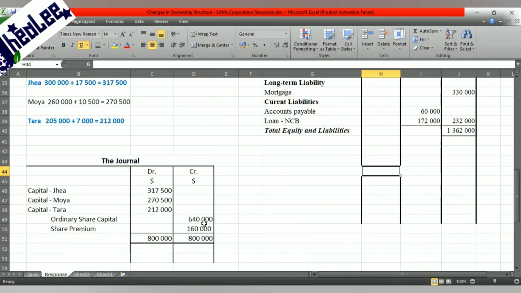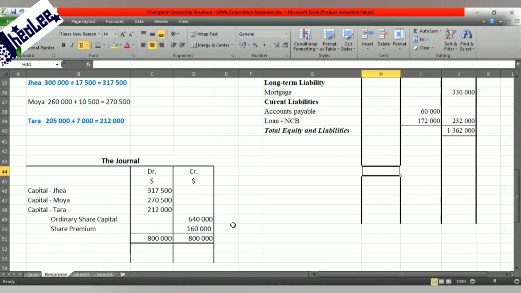And the capitals may be greater than the share capital value. If the capitals are greater in total than the share capital value, the difference goes to your share premium. Remember, it is based on the number of shares that were sold times the par value that would give you the share capital.